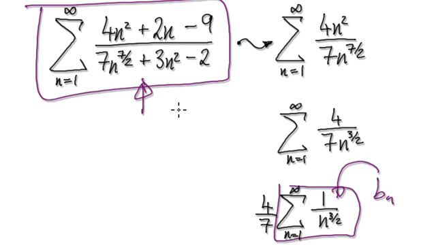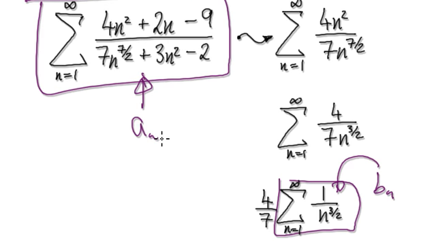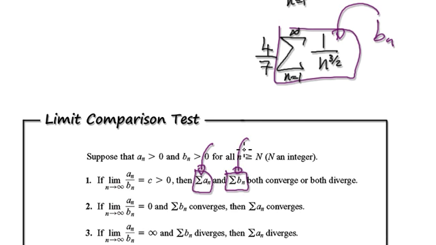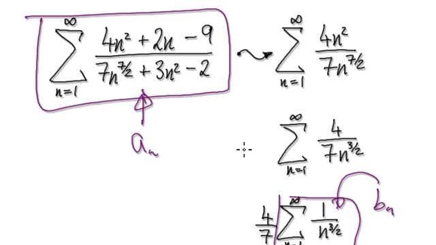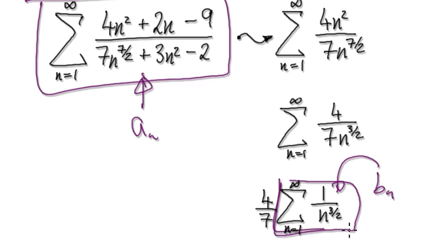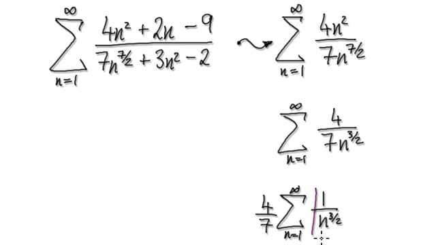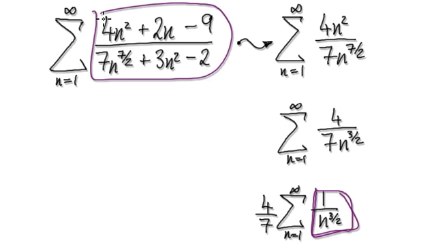So this is our Bn here. This is our An. So we know nothing about our An, but we know something about our Bn. Our Bn actually converges. Okay, so with the limit comparison test, it is this that we need to compare with this. So that's our normal routine.